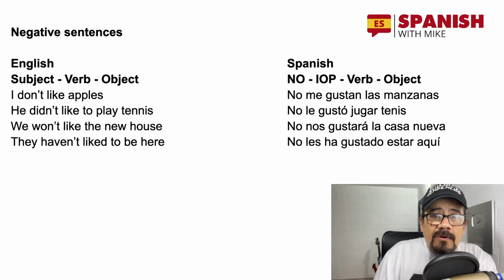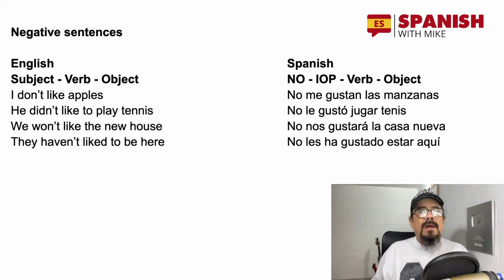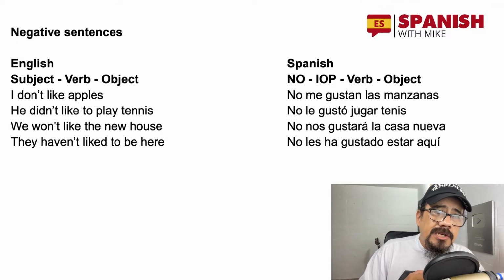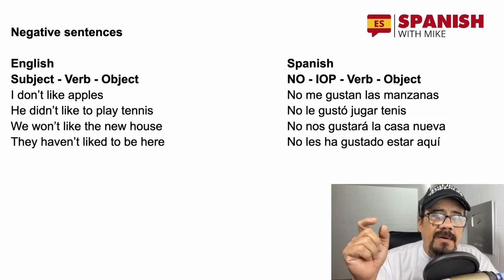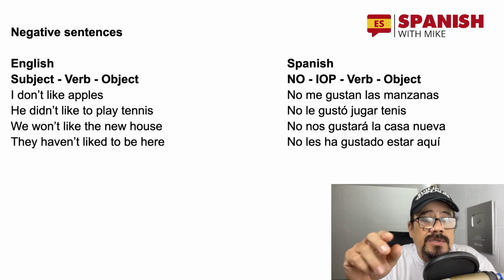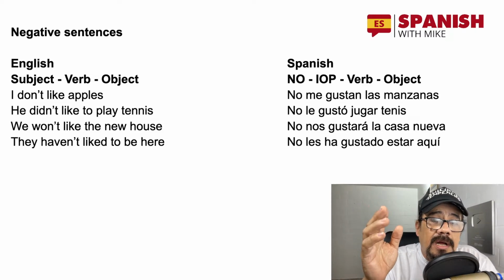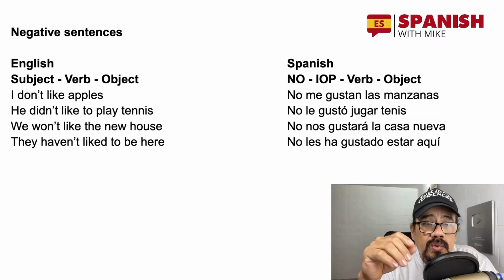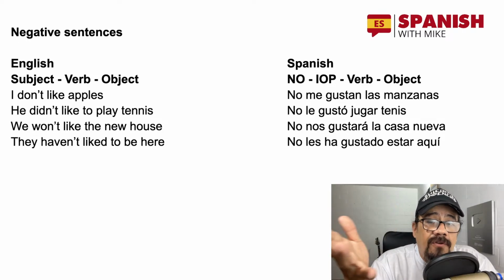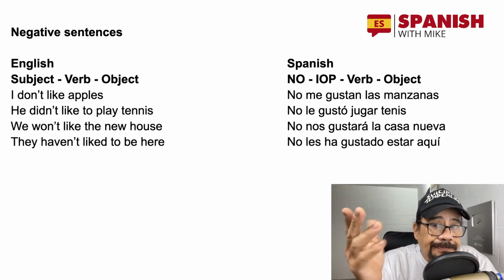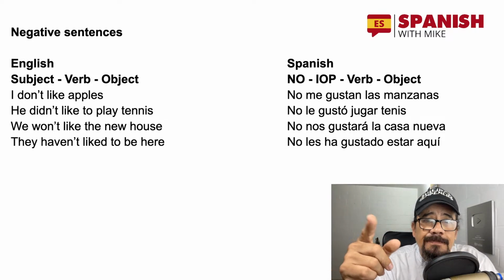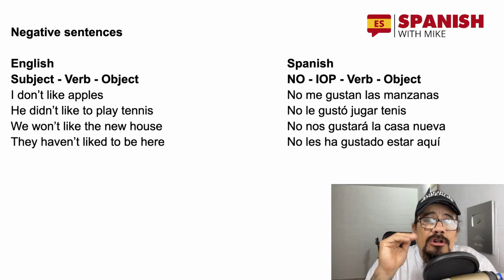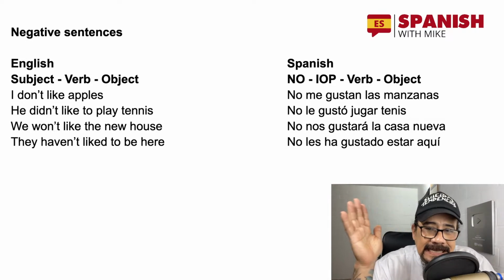The structure for negative sentences. We have that here. In English, we have subject, verb, object, in which we use the auxiliary form in order to make the negative. In Spanish, we use the word no, and that's it.